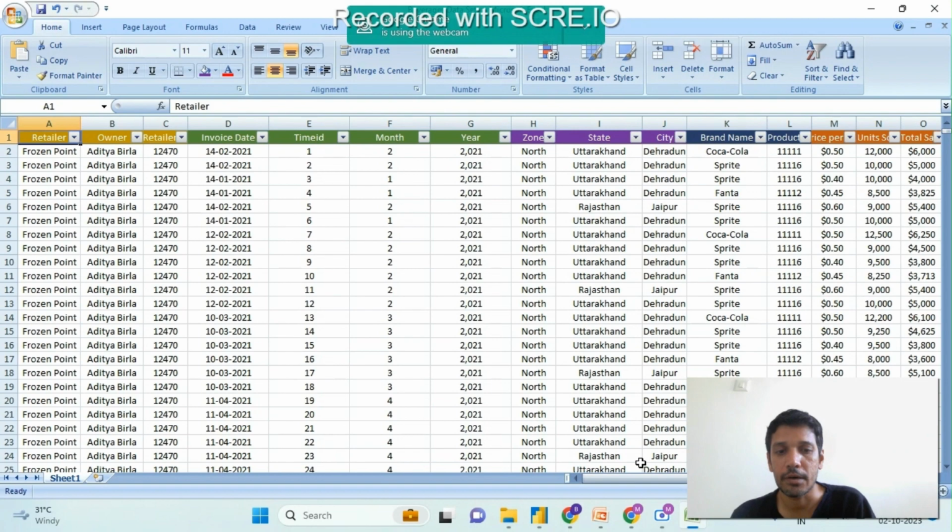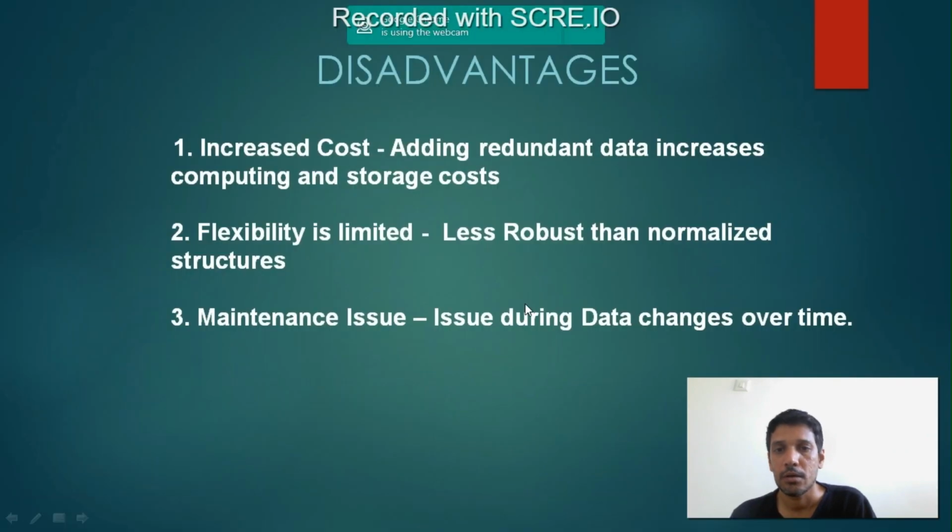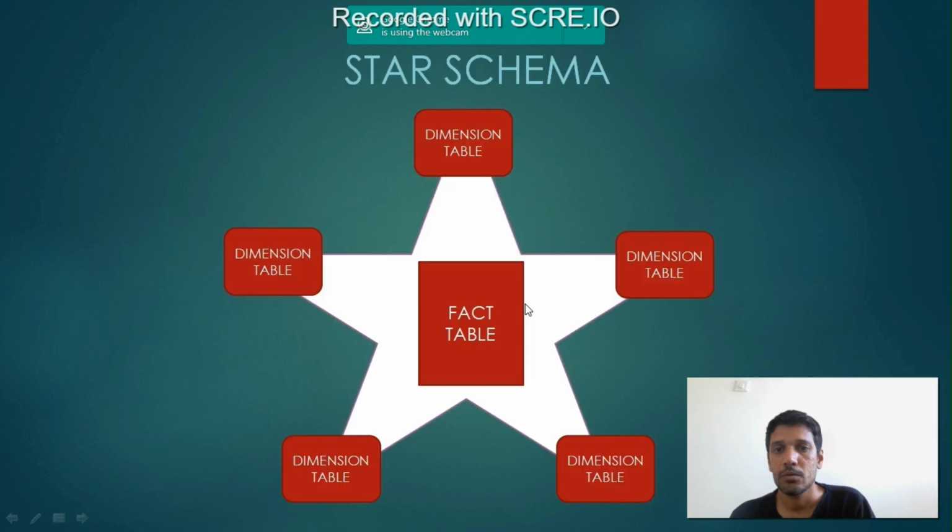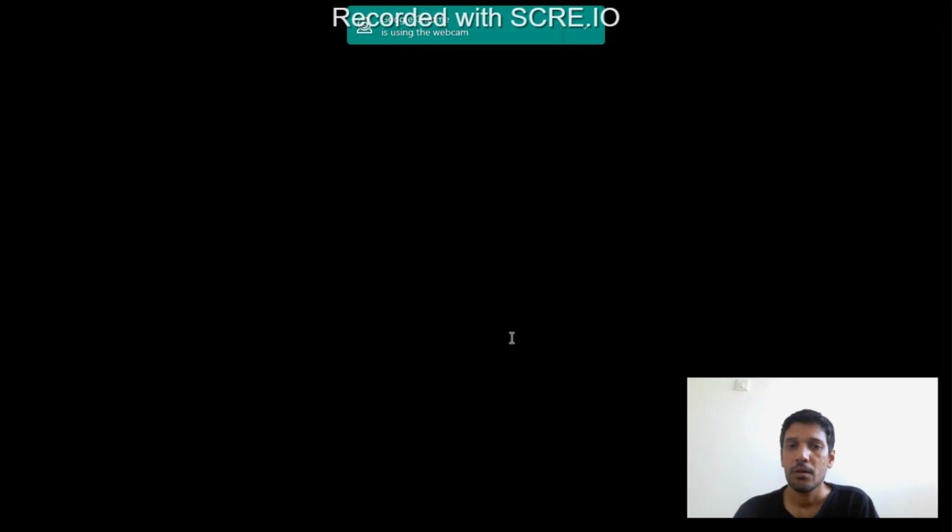So that is the definition, right? As I explained to you earlier, this is the star schema, how you can organize the data. So I have created all these dimension tables and one fact table.